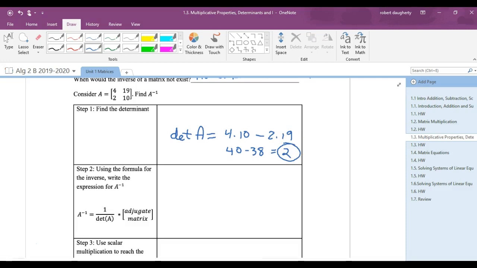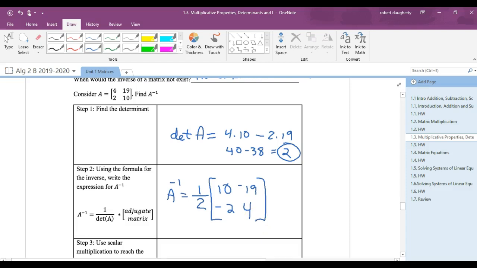The inverse is 1 over the determinant times the adjugate matrix. So here the inverse is going to be 1/2, and then the adjugate matrix. How do I get from here to this adjugate matrix? We talked about it. On this first diagonal, they switch places. On the other diagonal, I just change the signs. And that's it. That is the inverse matrix.